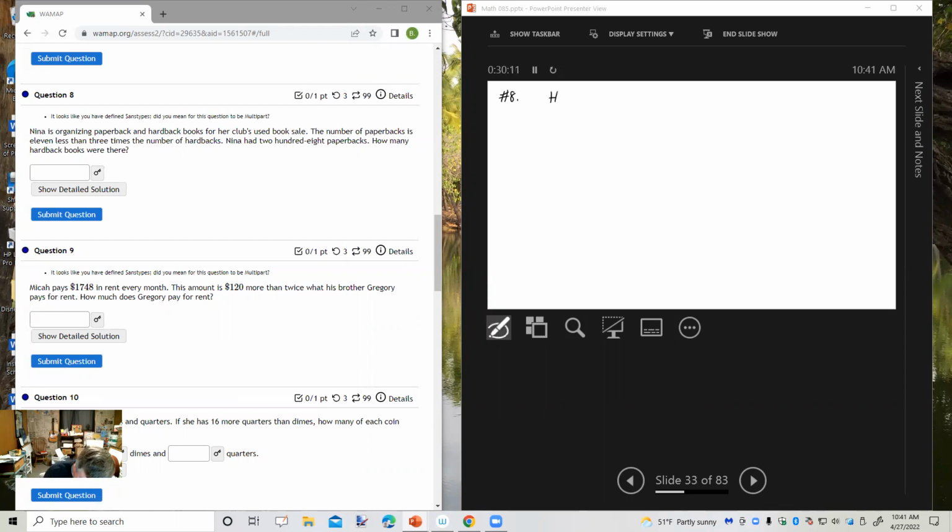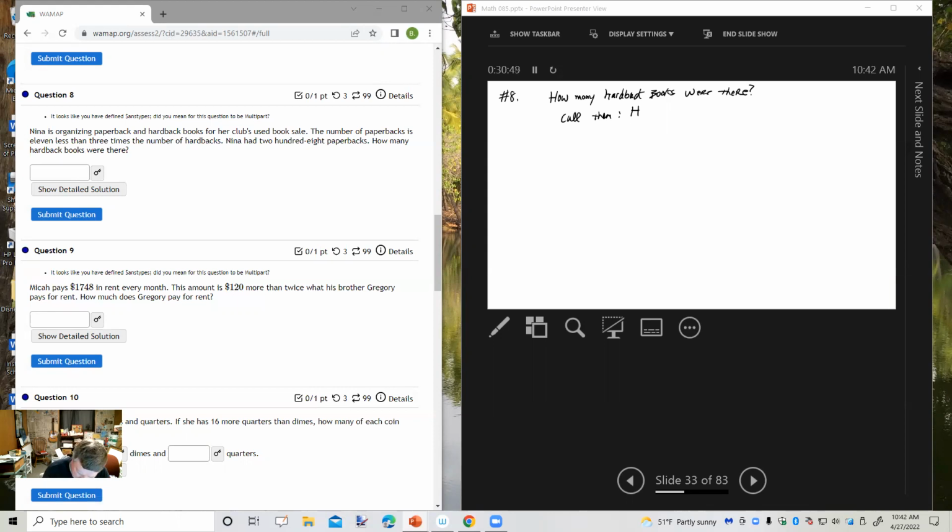So the question is, how many hardback books were there? How about if we call them H for hardback books? Okay. Nina is organizing paperback and hardback books for her club's used book sale. The number of paperbacks is 11 less than 3 times the number of hardbacks.